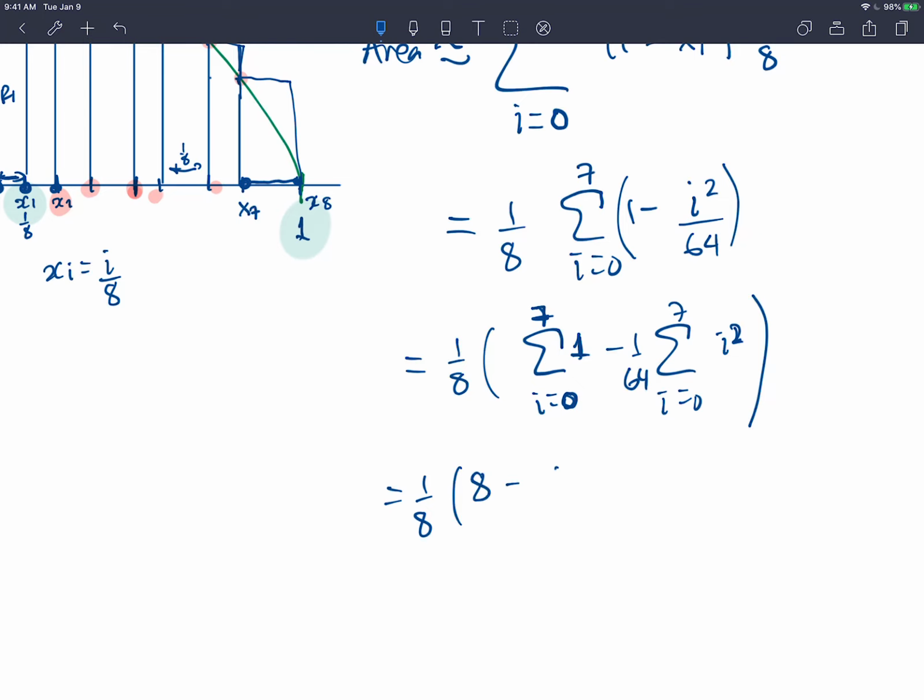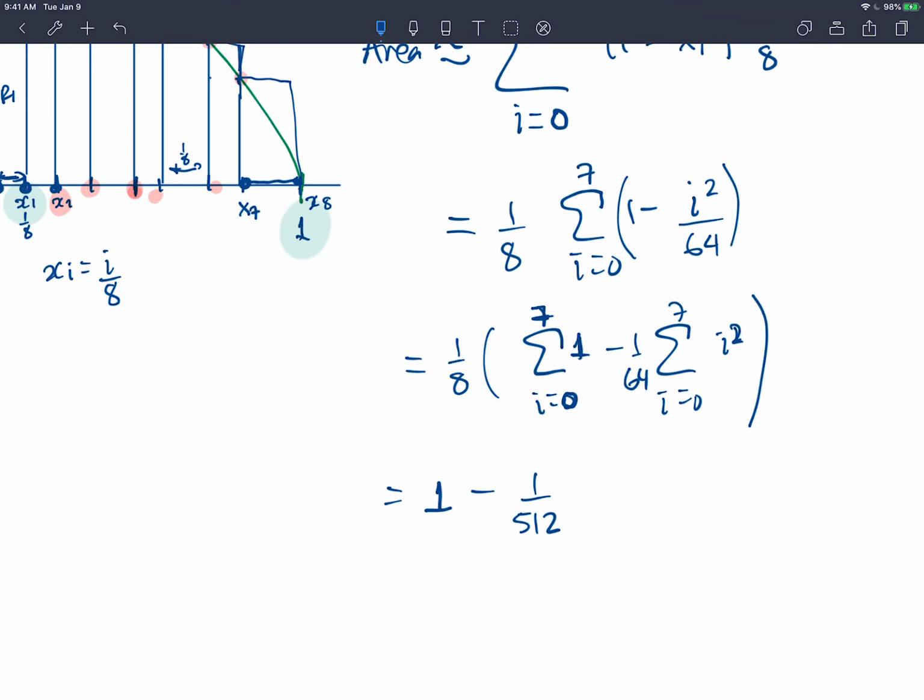Okay, now over here, this is what makes it a little bit different. At this point in the other one, I distributed the 8. So let me do the same thing. This is an 8 with that 1/8, which is a 1. And this gives me the 1 over 64 times the sum. But I'm adding, here it's the same formula, but now my n is 7, because the first term, when i equals 0, is just a 0, right?